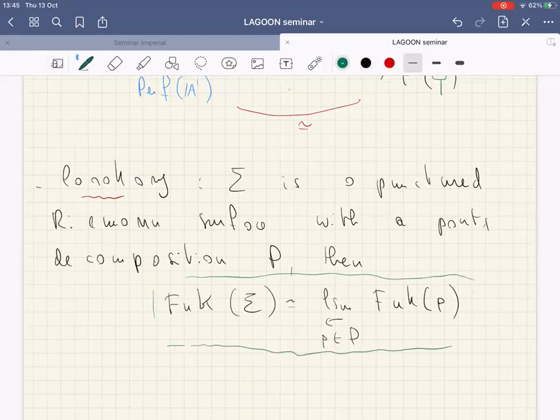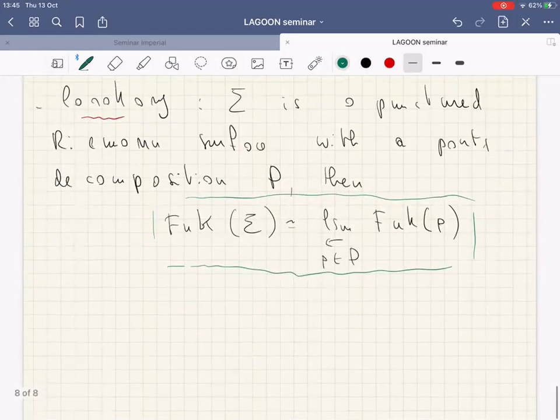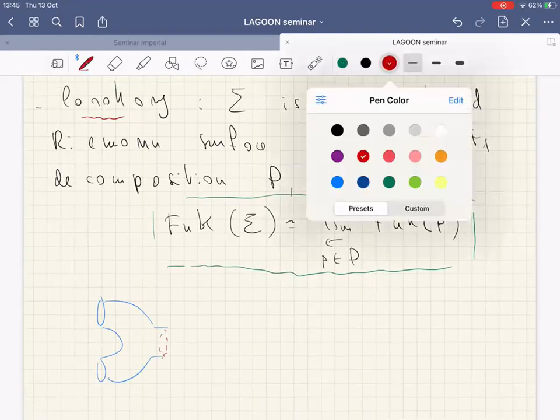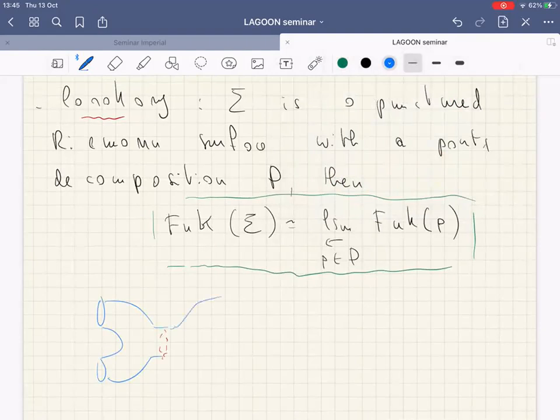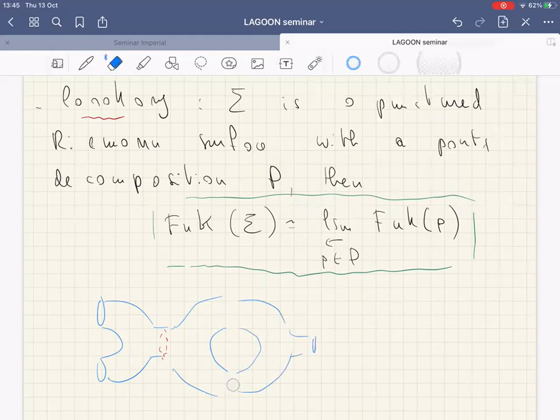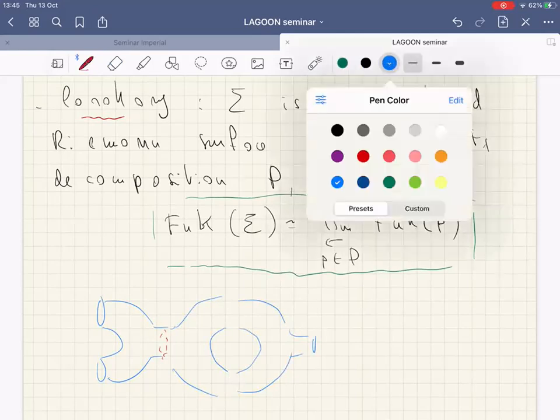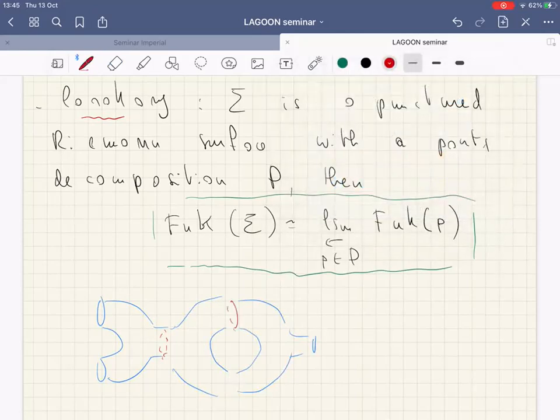So perhaps we don't know what a pants decomposition is, but this is what I mean. So this is a pants decomposition.